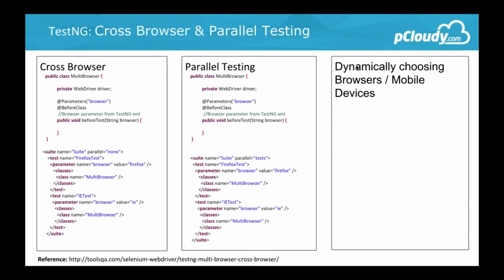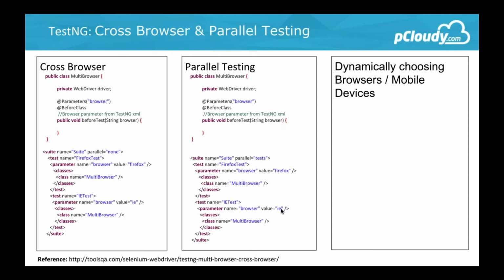Now I've got another problem: how to dynamically choose mobiles or browsers. So here in the cross-browser or parallel testing example, we have seen that we have hard-coded the browser values, Firefox and Internet Explorer. Suppose there's a requirement that I need to choose the browsers dynamically, or my program should find out how many browsers are available on a particular machine and execute all.